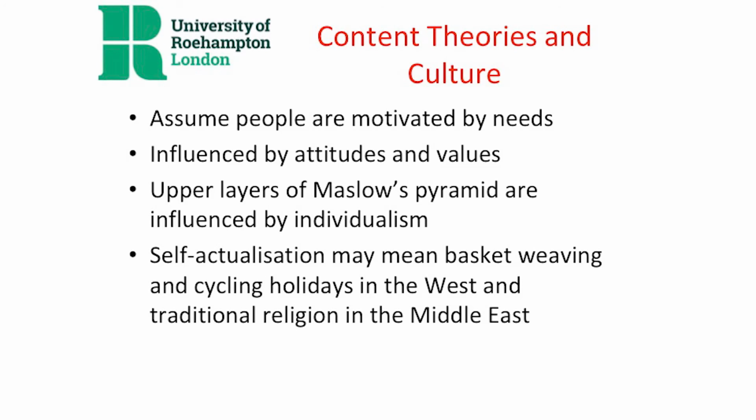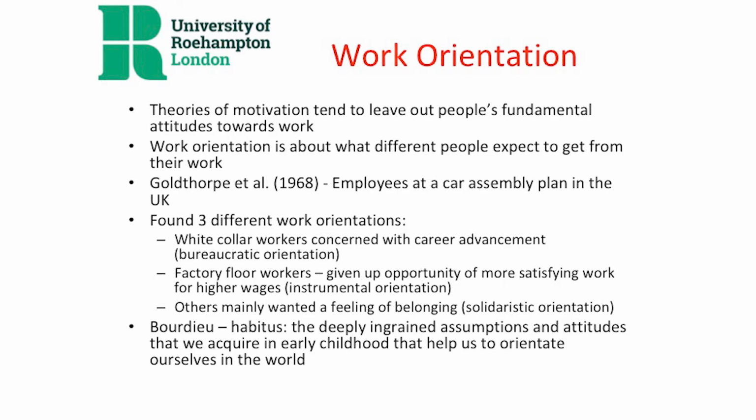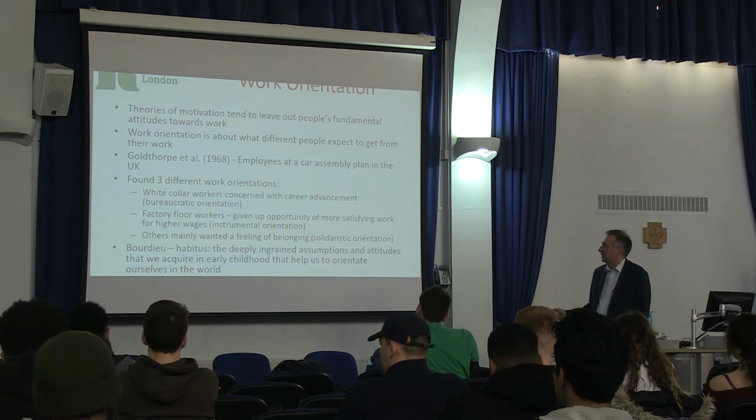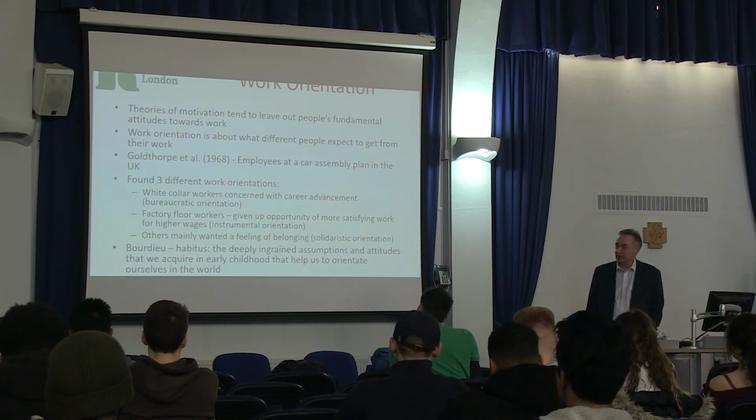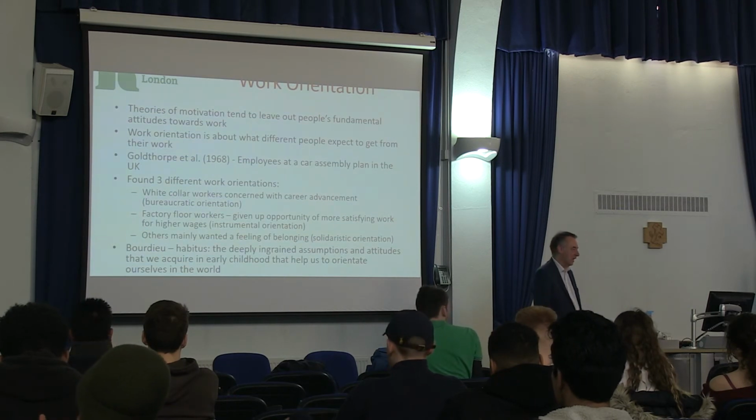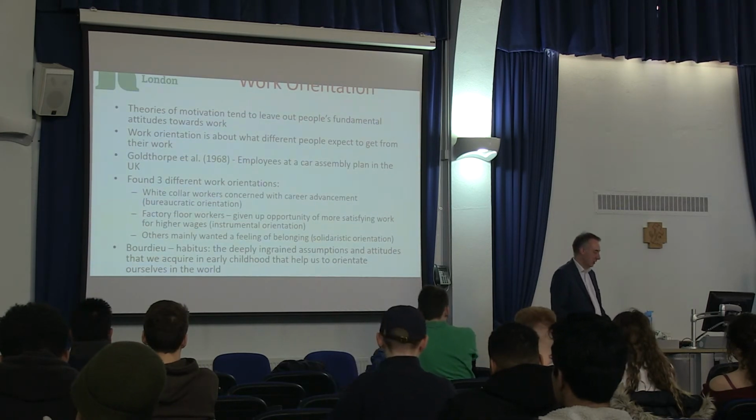Now, let's just think about the thing that the content theorists don't actually look at at all, really, which is individual differences. Goldthorpe did a study in the late 1960s looking at why people seem to be happy with different working conditions.